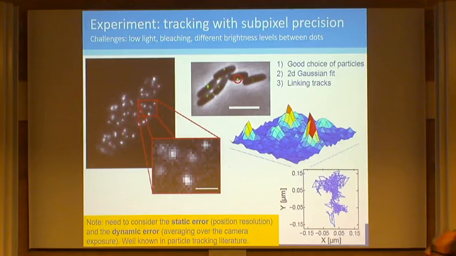A Nobel Prize was given a year or 2 ago for super resolution microscopy, for techniques also similar to this. And the key idea with super resolution is if you're only caring about where an object is and not actually resolving its shape, then you're not limited by the resolution limit of the optics lens.